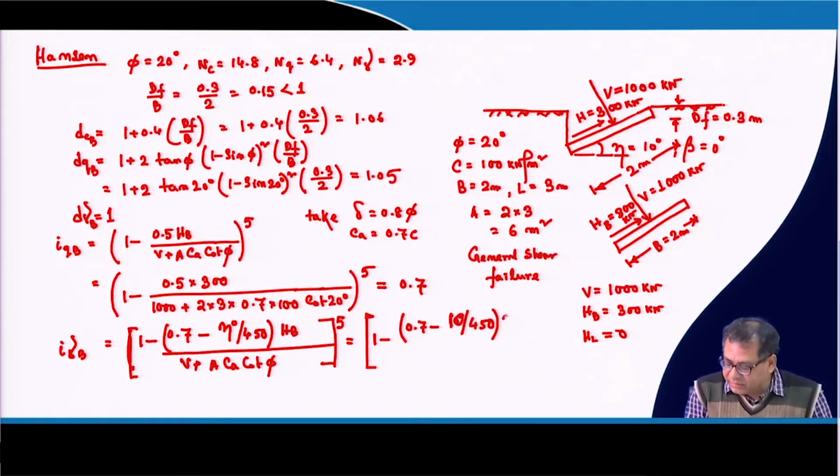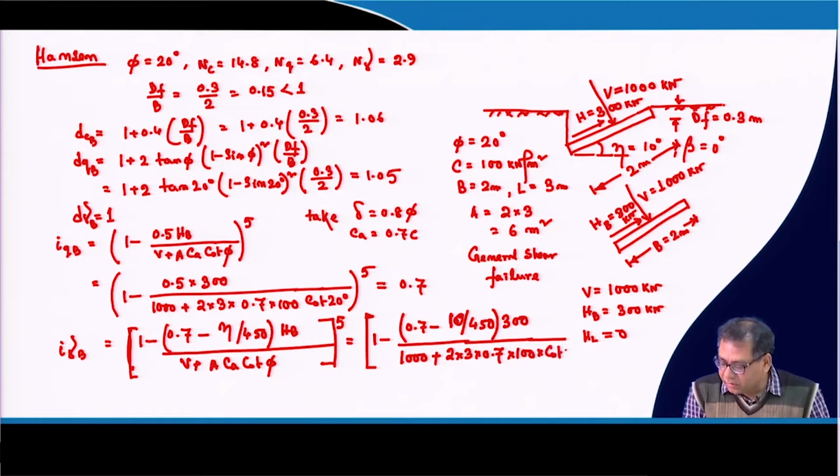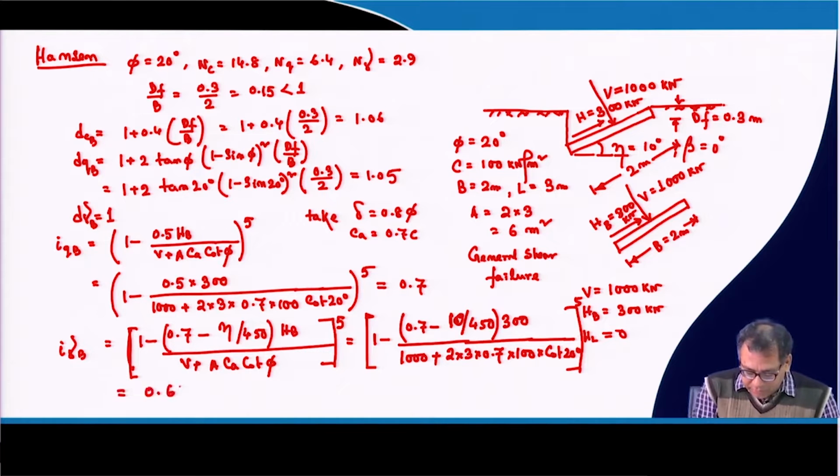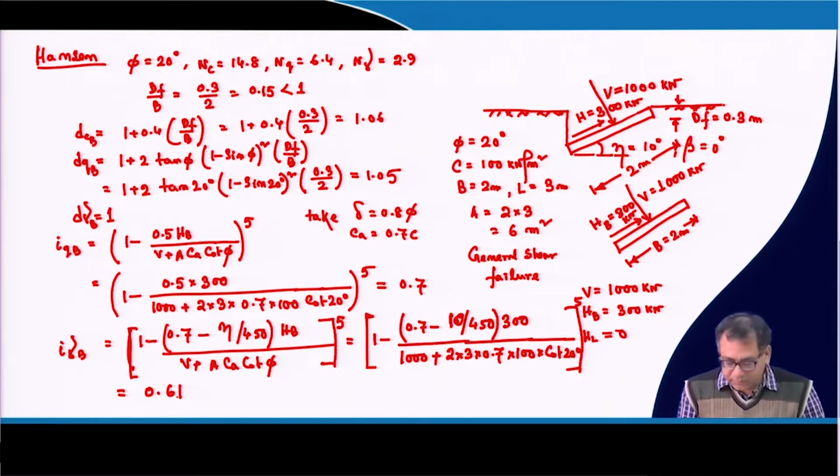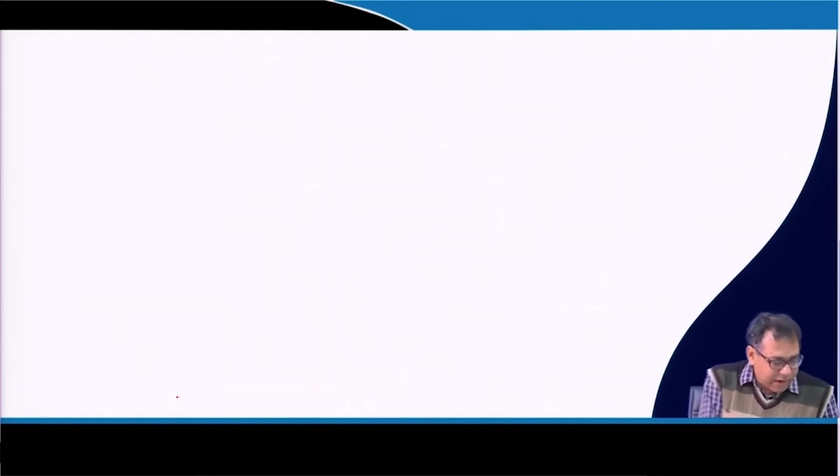Then Hb is 300, divided by V, which is 1000, plus 2 into 3 into 0.7 into 100 into cot 20 degree, to the power 5. So, this value is coming out as 0.61.